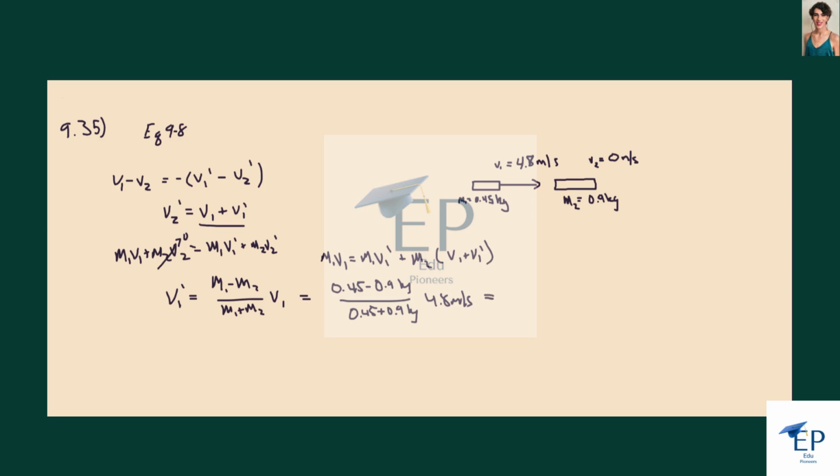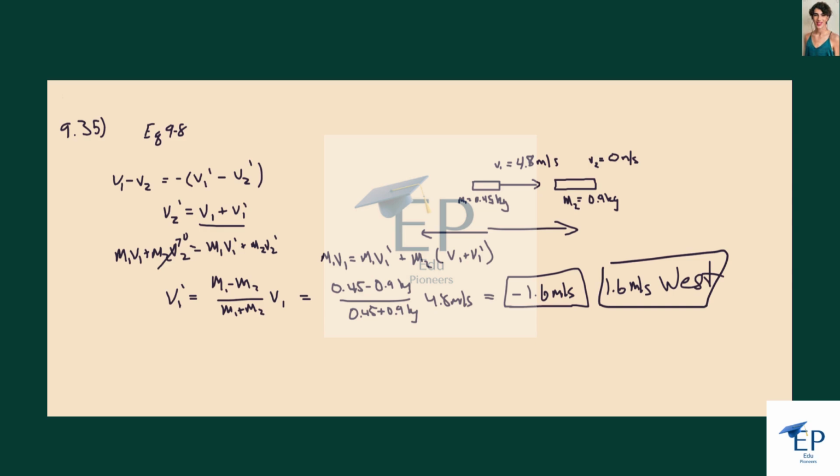And that comes out to be a v1 prime of negative 1.6 meters per second. And this negative sign, in our coordinate system, if we were initially going in this direction, they said that was east, so negative is the opposite of that. So that means this is 1.6 meters per second to the west.